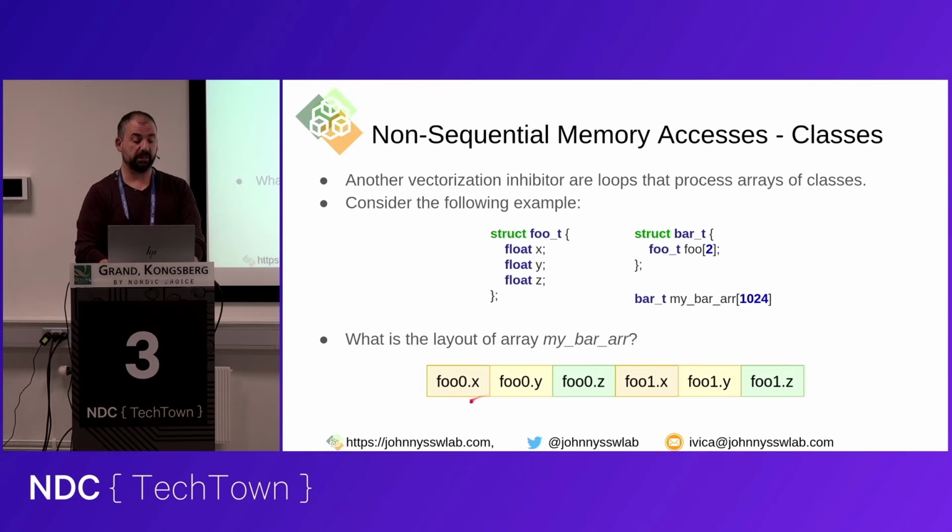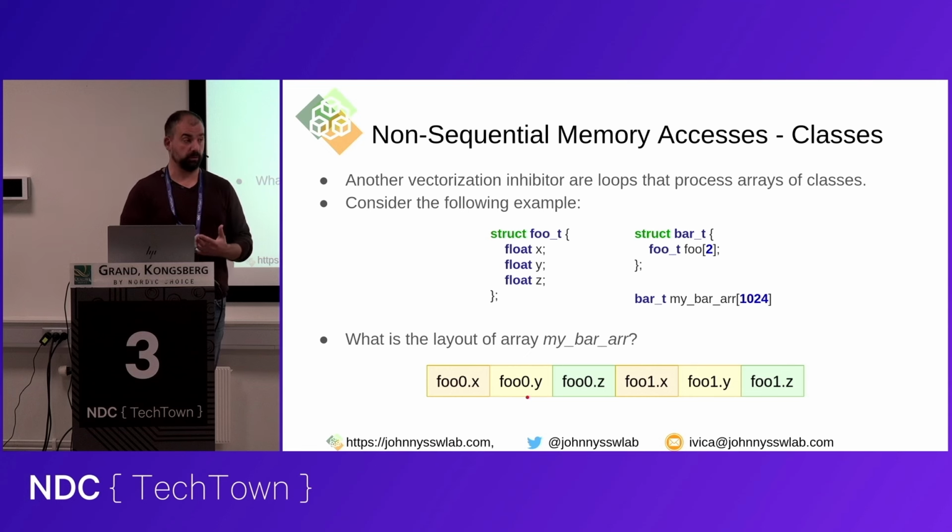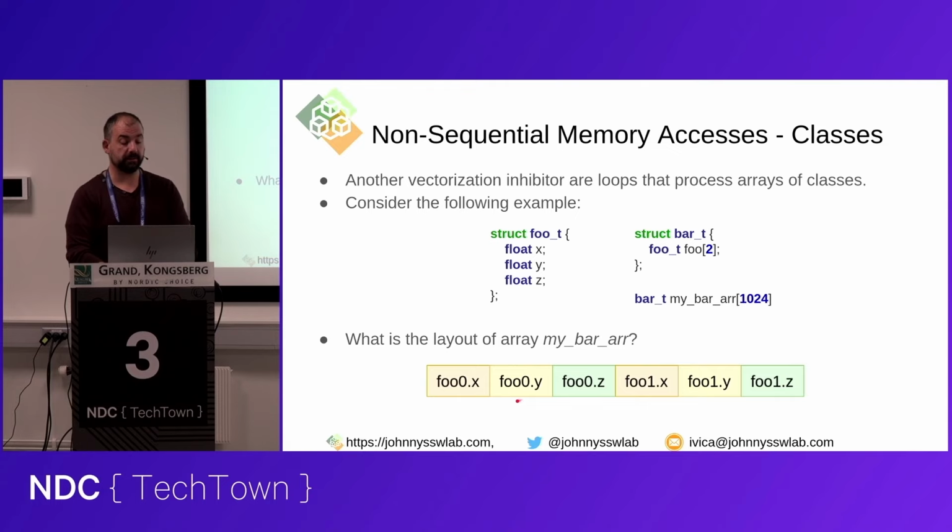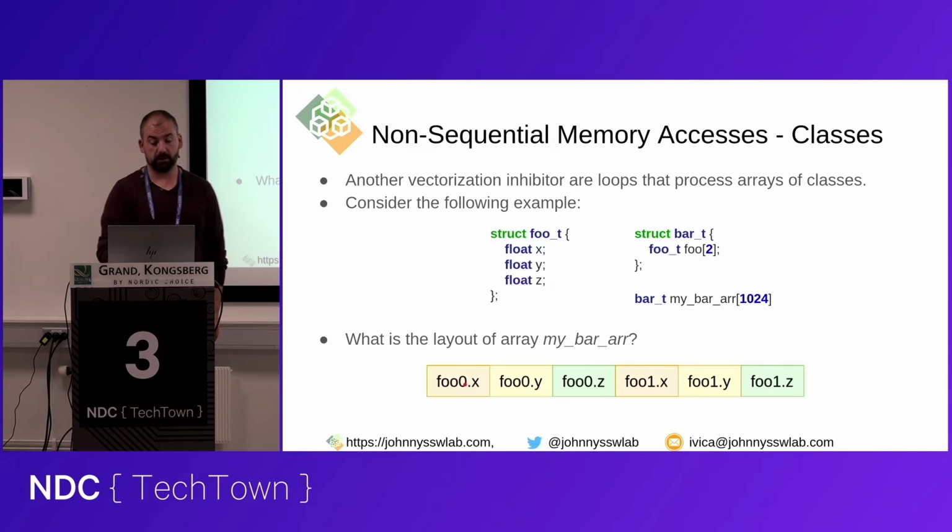And this kind of code is typically not vectorizable, because when you are doing vectorization, you want to process foo 0 of x, and then the next element of foo 0 of x, and then the next, in the same way. You want different processing for foo 0 of x and foo 0 of y. Sometimes you want the same type of processing, but most of the time you don't. And for that reason, the compiler will complain about the cost model.